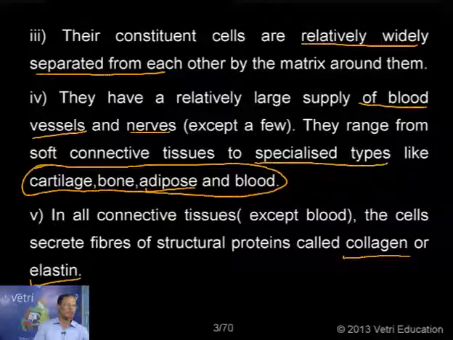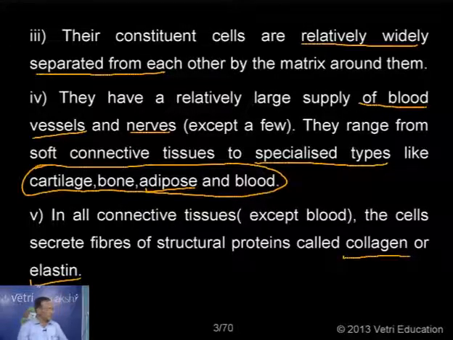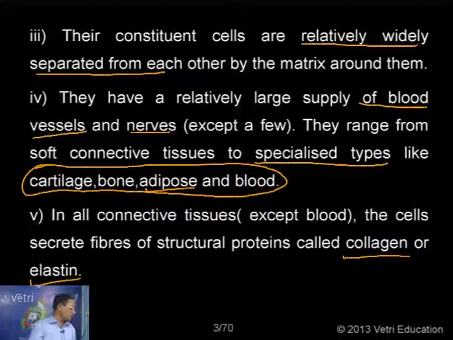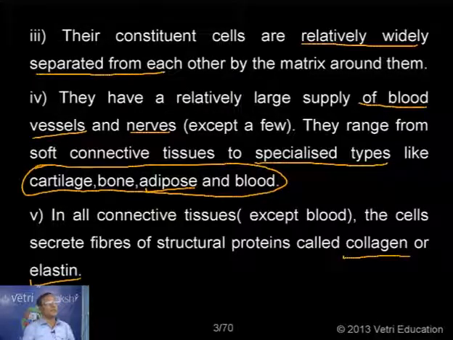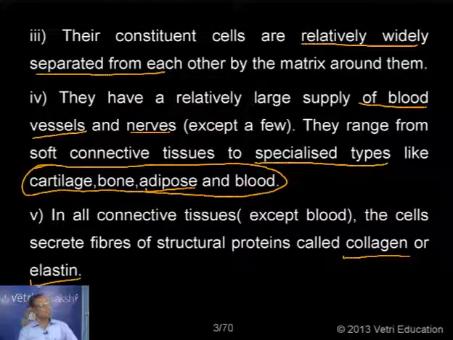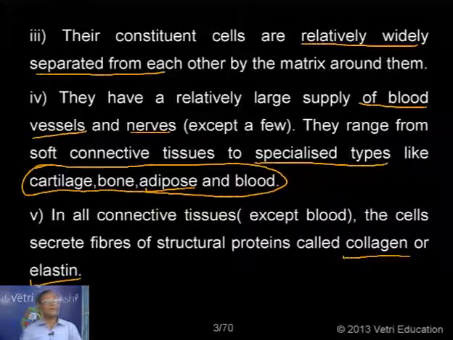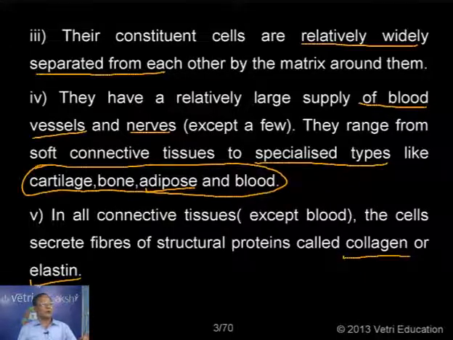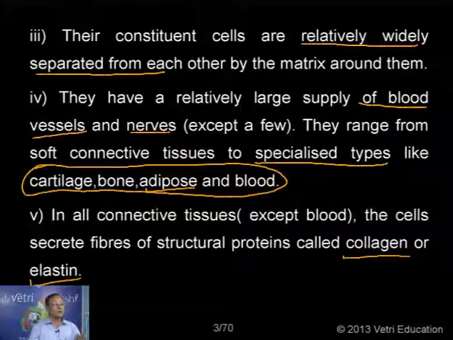The collagen is normally white in color, and another fiber, elastin, is yellow in nature, and that fiber is called elastic fiber, made of the protein elastin. So the name of the protein is elastin, the name of the fiber is elastic fiber or yellow fiber, and similarly the name of the protein is collagen, and the fiber is a collagen fiber or a white fiber. So in all connective tissues we have 2 different types of fibers and many types of cells.